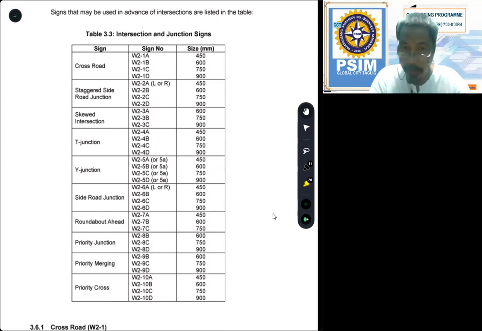intersection and junction signs. So we have crossroad, staggered side road junction, skewed intersection, T junction, Y junction, side road junction. So take note of the stopping sight distance, because that mostly depends on why we are using this sign.